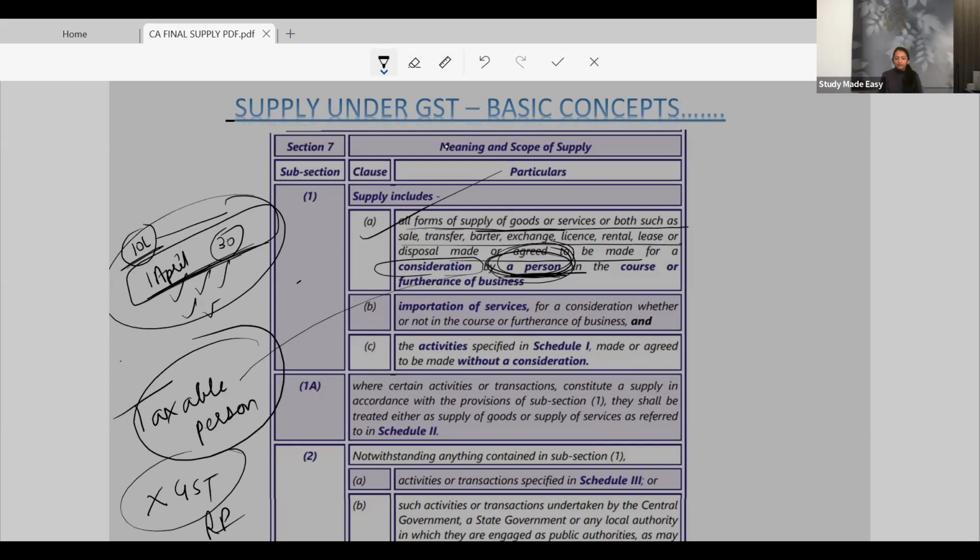A person in the definition of supply means a taxable person.